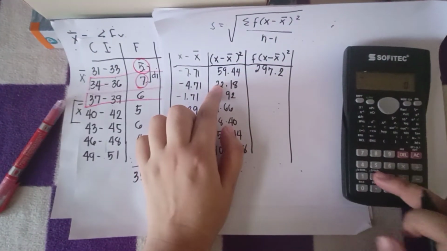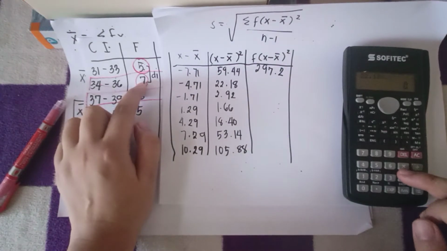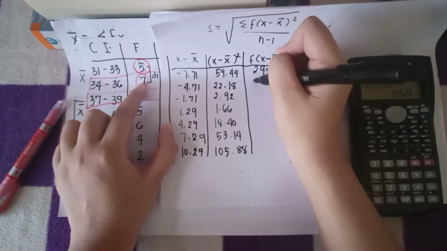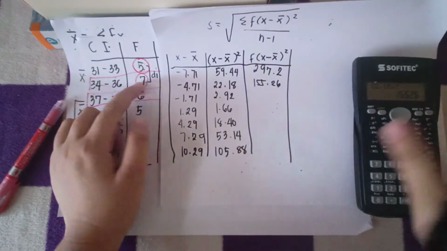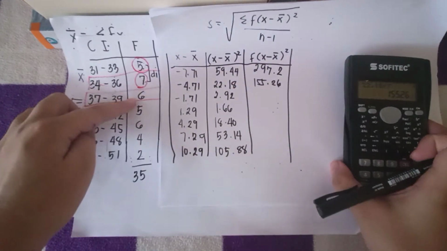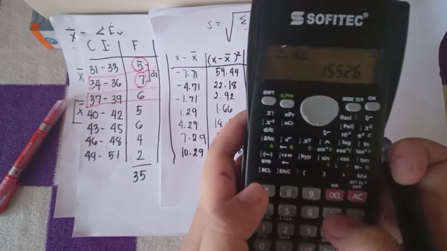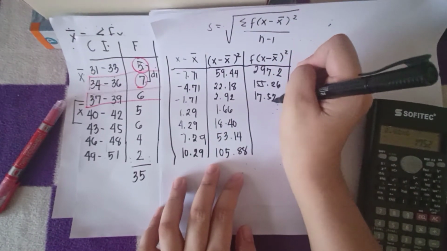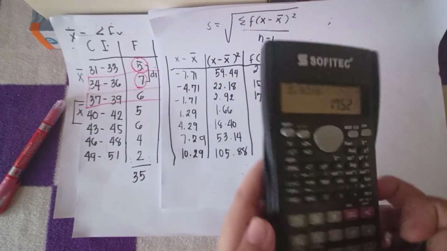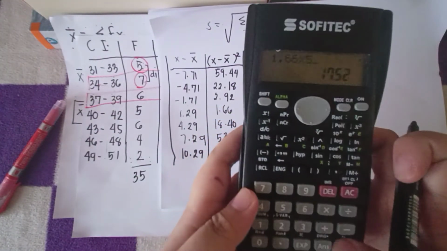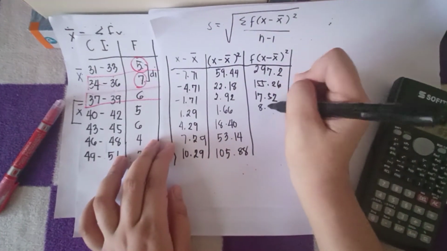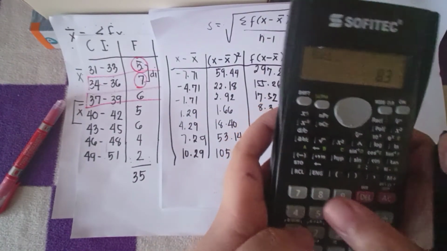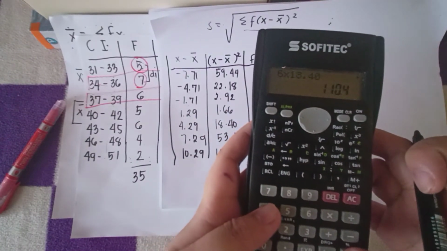Next, 22.18 times 7 is 155.26. Next, 2.92 times 6, 17.52. Next, 1.66 times 5, 8.3. Next, 6 times 18.40, 110.4.